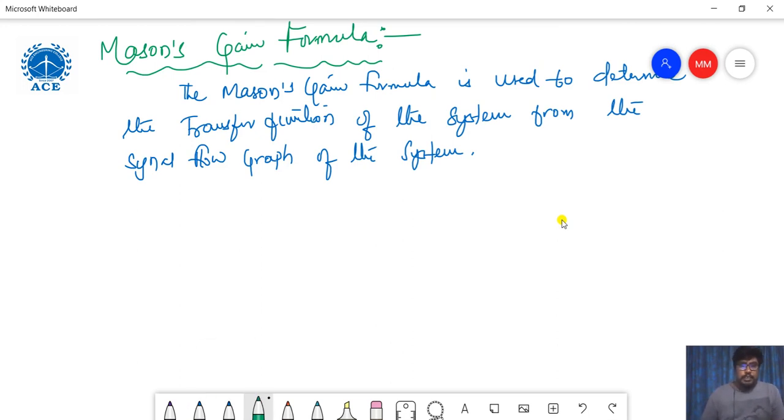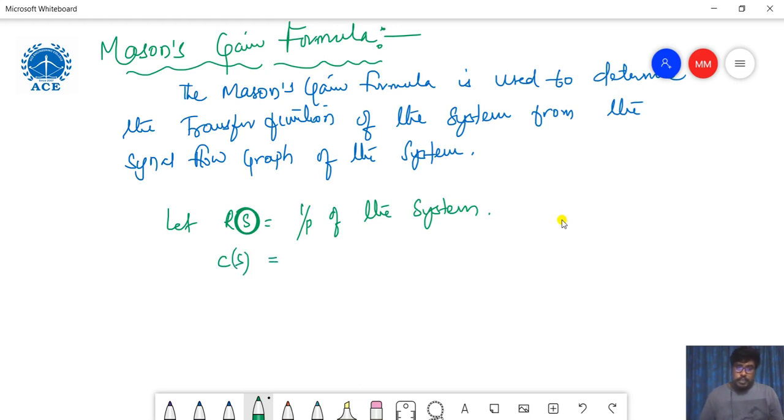We already studied how to find the transfer function and the symbols used in it. So this is R of S: let R of S be the input of the system, and C of S is taken as the output of the system.